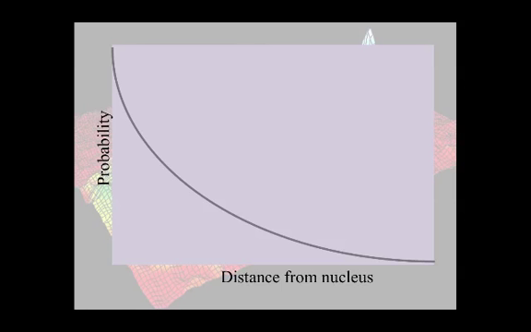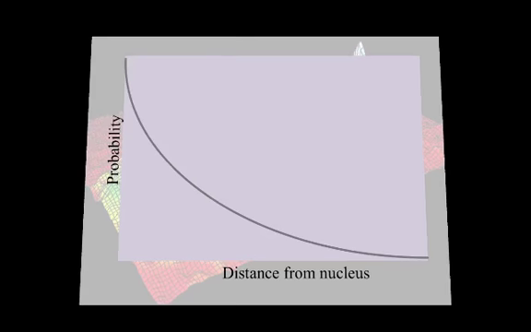So the probability of finding an electron decreases the farther from the nucleus that you go. As you go farther away, the chance of finding an electron there declines dramatically, right? The farther we get away, the less tightly it's going to be held, so we won't find it there very often.